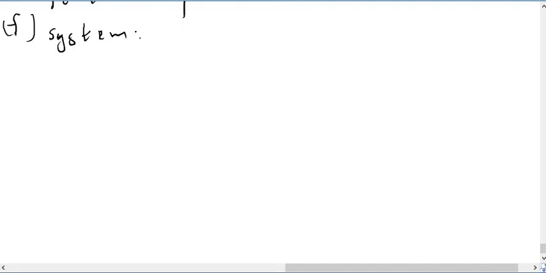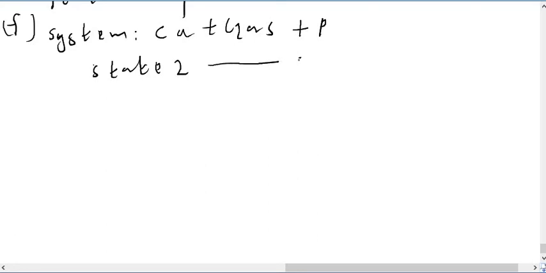So our system, we take copper plus gas plus piston as our system from state 2 to state 3. That is the question. From state 2 to state 3.